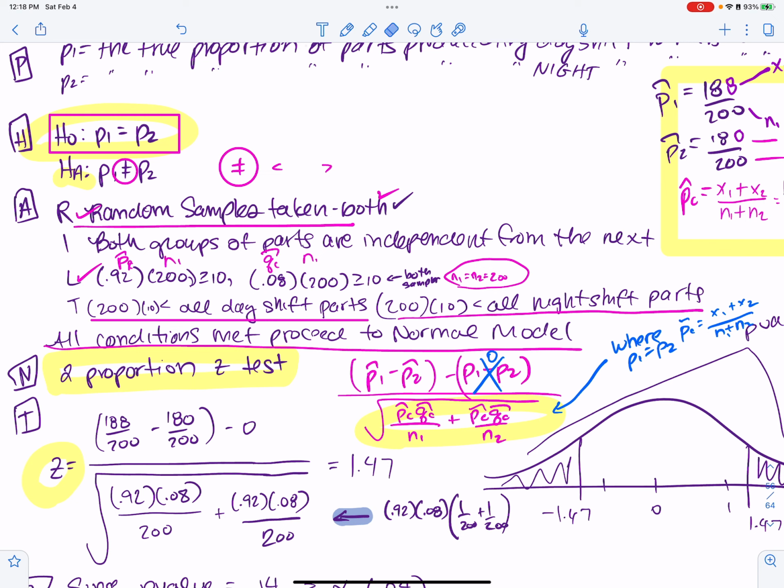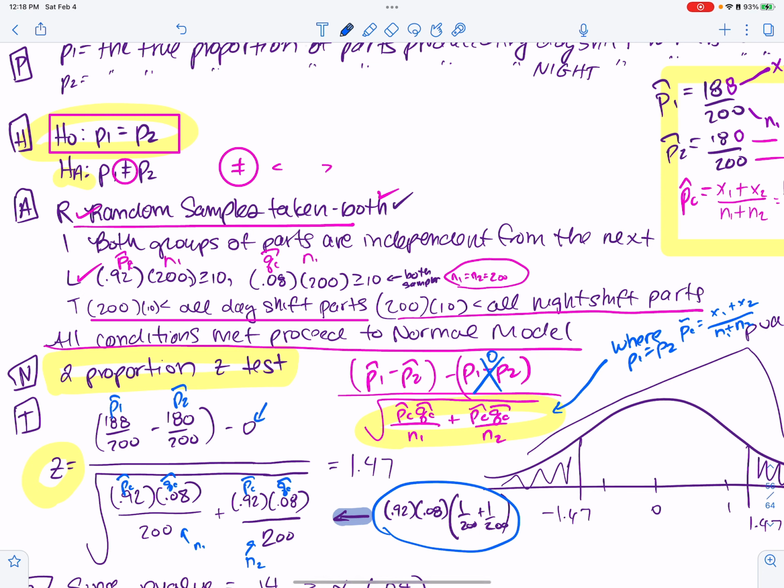So I just put the numbers in. This is, of course, my P1 hat. This is my P2 hat. This is my PC hat, and this is my QC hat. Of course, QC is just the opposite of PC. Same thing here. And, of course, that's P1 minus P2, and that's N1, and that's N2.